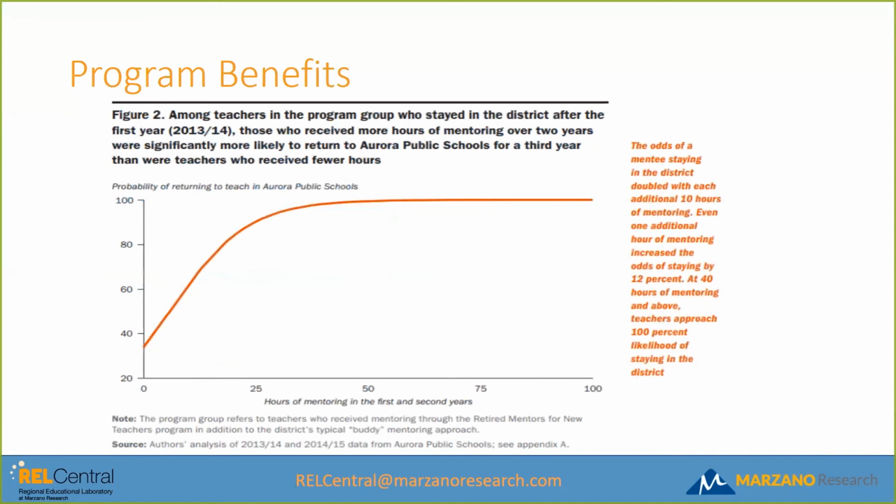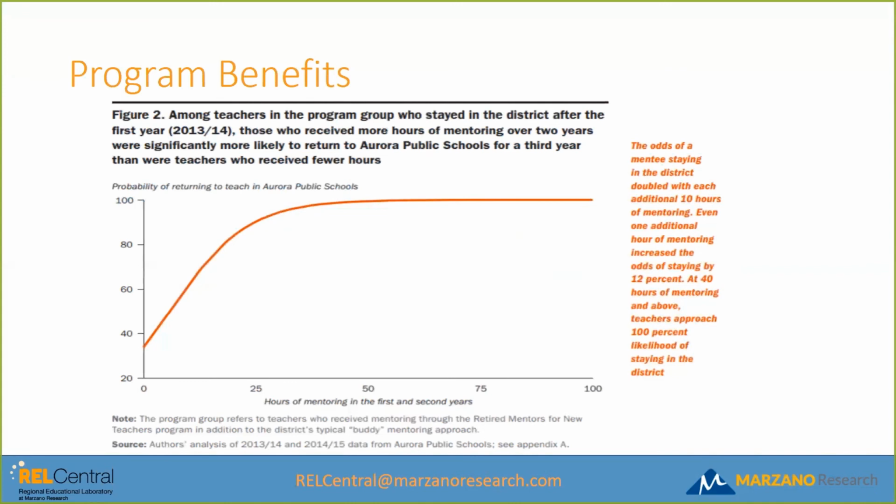And what this shows is that the more hours of mentoring mentees received, you can see the curve going up, the more it increased their chances of staying in the district. In fact, the odds of a mentee staying in the district doubled with every additional 10 hours of mentoring received, and even one additional hour increased the odds of a teacher staying in the district by around 12%.